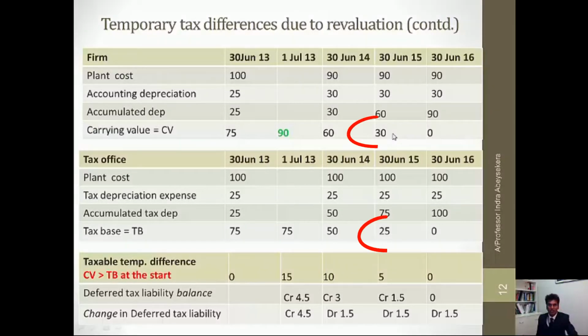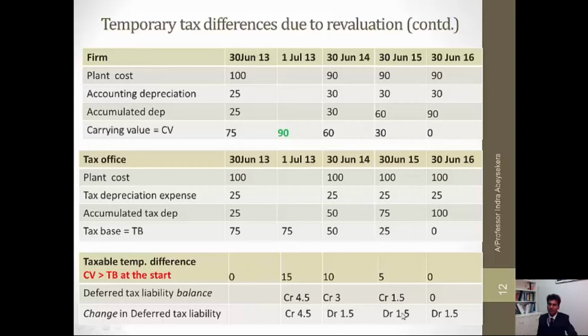Next year, the second year after revaluation, carrying value is 30 and the tax base is 25. The difference is 5, a taxable temporary difference. 30% of that is 1.5. Previous year, deferred tax liability was 3, but it should be 1.5 now. So we need to decrease deferred tax liability by 1.5.